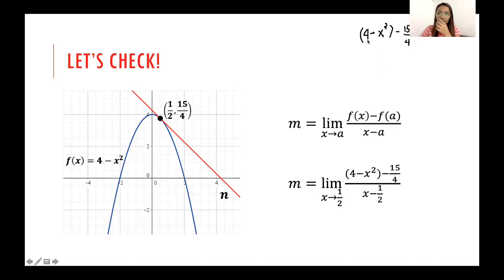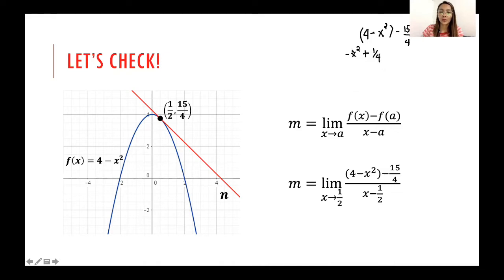Simplify lang natin. Okay, so si 4 minus 15/4, pwede na natin siyang i-subtract. 4 minus 15/4 is 1/4, diba? So we will be having negative x squared plus 1/4.